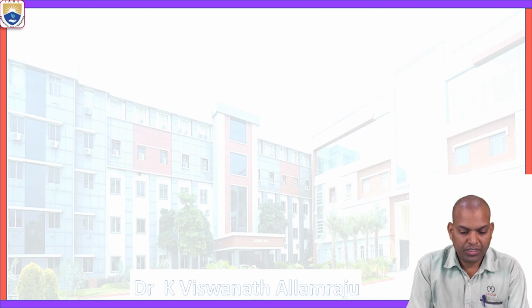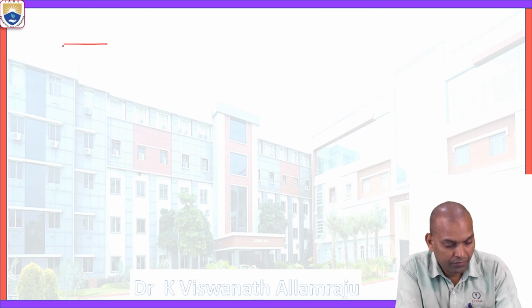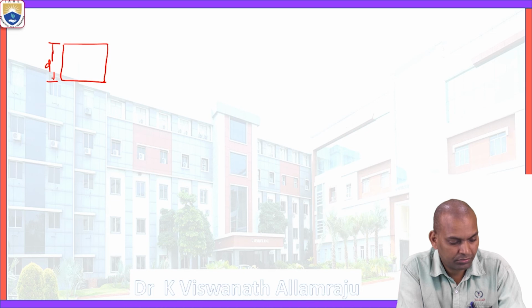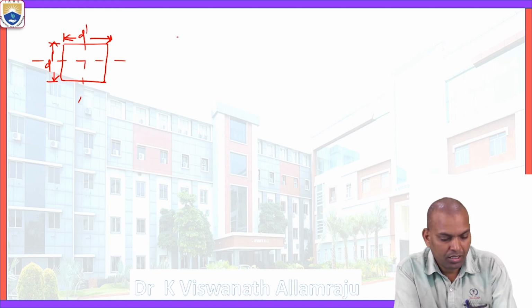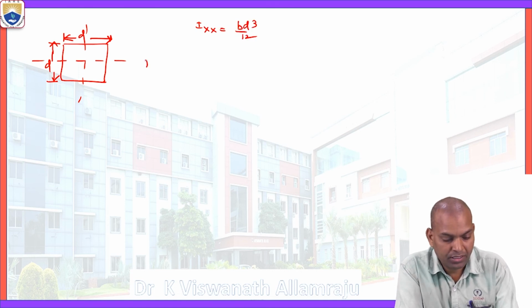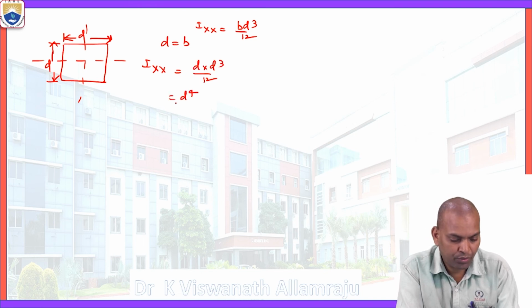Now the area moment of inertia for a square cross section, about the x-axis and about the y-axis. As we know, for a rectangular cross section Ixx equal to bd cube by 12. For a square, make d equal to b, then d into d cube by 12, that is d power 4 by 12.